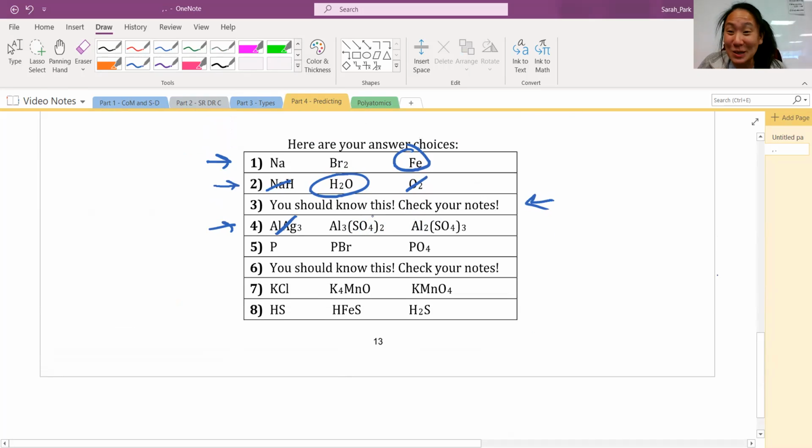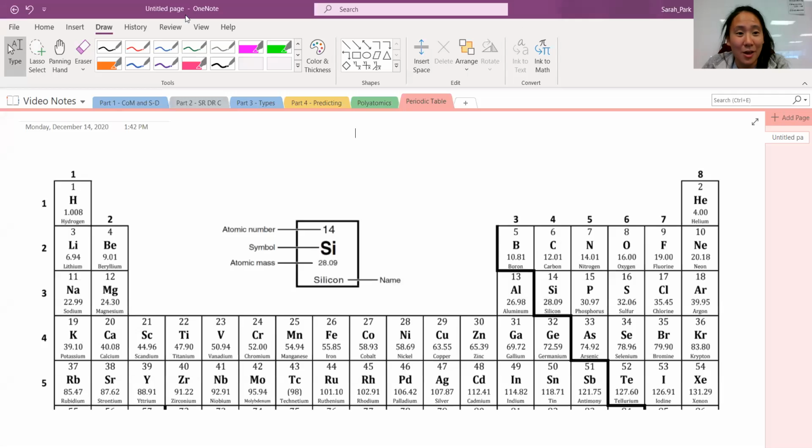You have to consult your periodic table. So let's look at our periodic table to help us find this answer. If you recall your periodic table, it goes +1, +2, +3, and then there's a 4, and then it goes backwards like this, right? And so what are we looking for?